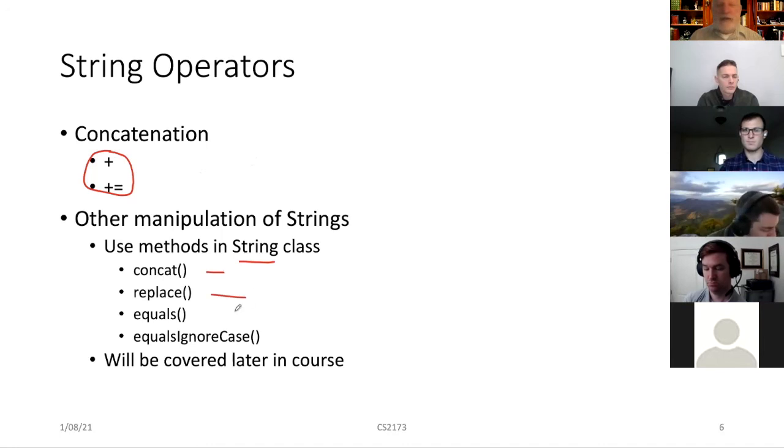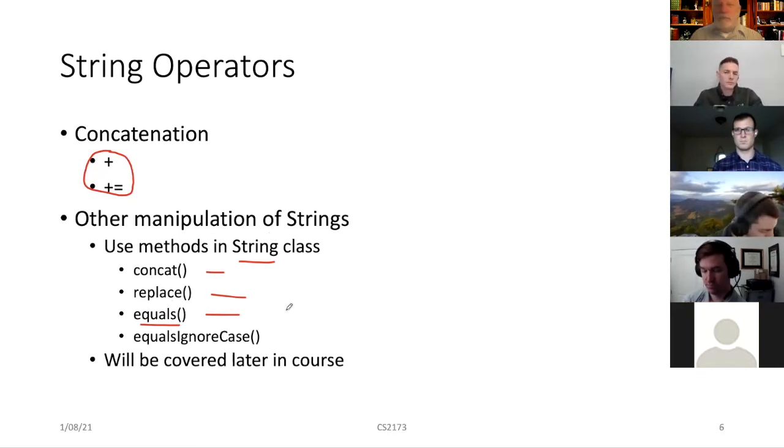I can replace characters. Instead of saying two strings are equal, you always want to use the equals method. If I have two strings that have the same characters, then for my purposes they're the same strings, but those two strings could be different objects.